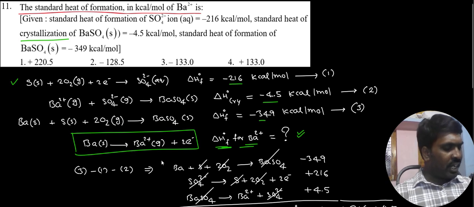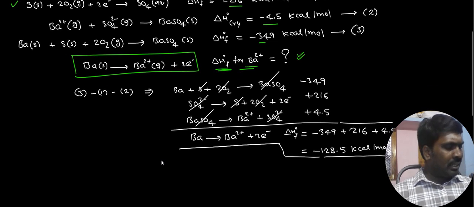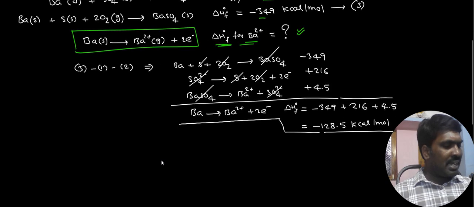So third equation we wrote same, first equation we reversed and noted here, and second equation also we reversed and noted here. Then if all three reactions are added, all terms cancelled, and finally we got barium solid giving rise to barium 2 plus gas plus 2 electrons.